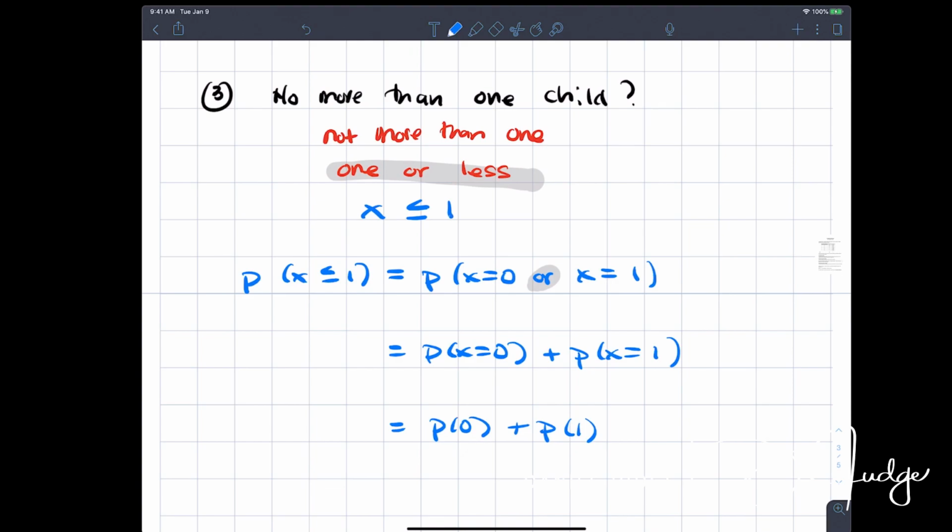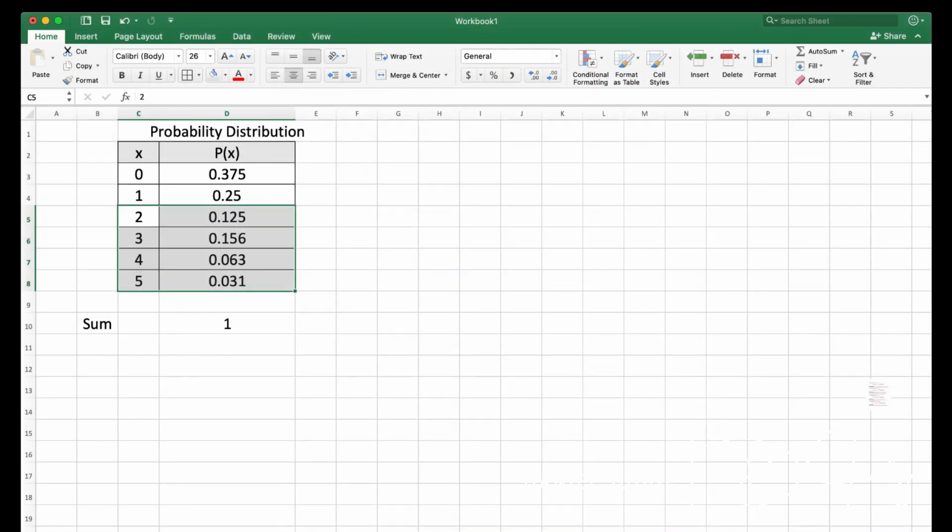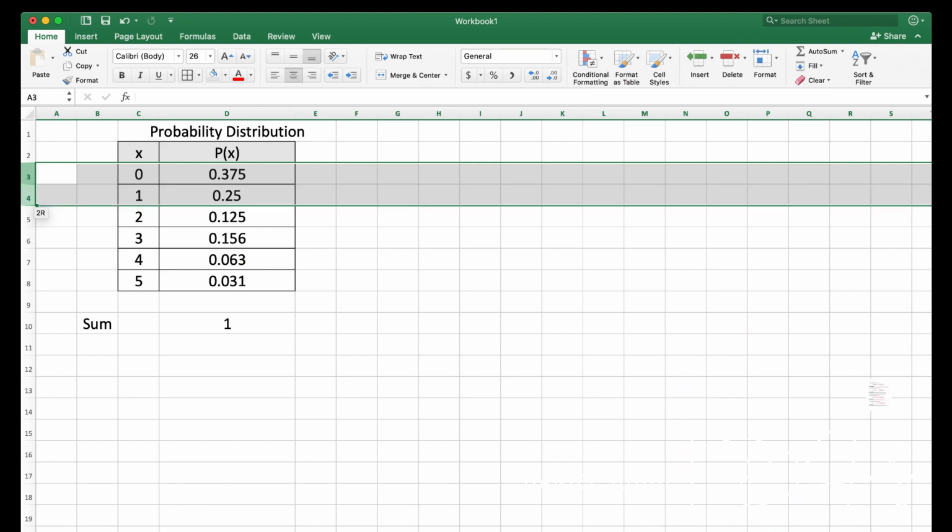So if I go to my table here, if we go to Excel, notice what I need here. I need P of 0. P of 0 is 0.375. And I need P of 1, which is 0.25.